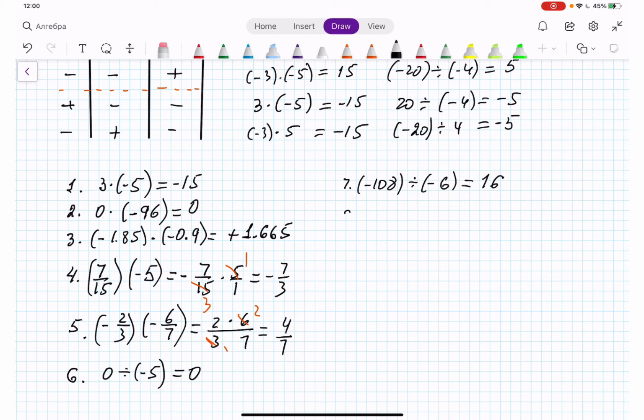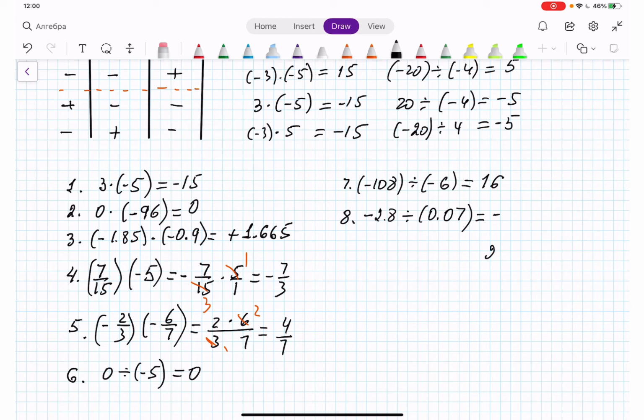Number 8. What do we have? Number 8. We have negative 2.8 divided by 0.07. Okay, so negative by positive, we are going to get negative, right?